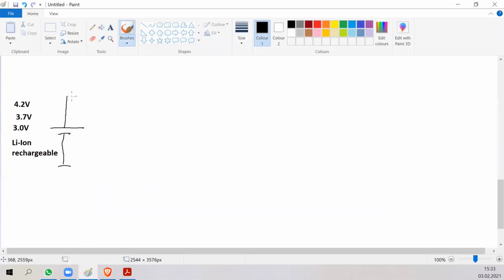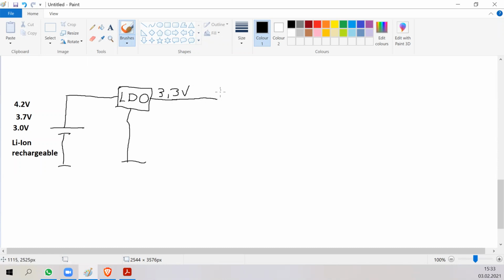So we need to put either a switch mode power supply, or usually it's much cheaper to put a low dropout regulator, LDO. It accepts whatever voltage comes in and, for example, puts out 3.3 volts, right?